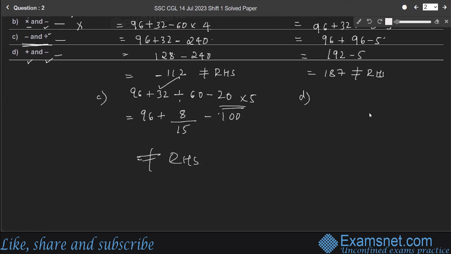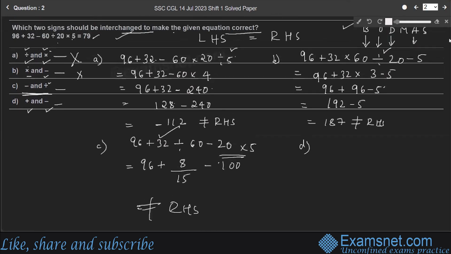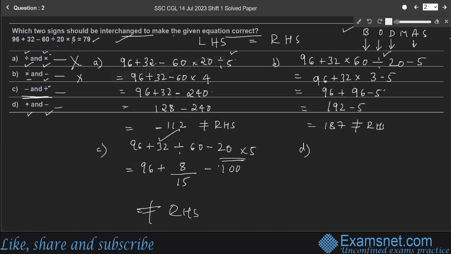So at last, let us interchange addition and subtraction signs. So given equation becomes 96 minus 32 plus 60 divided by 20 into 5. According to BODMAS rule, 60 by 20 is 3, into 5 is 15.